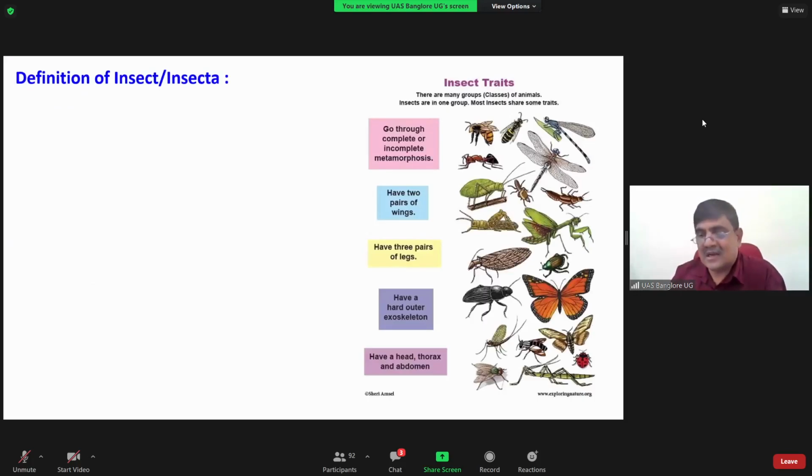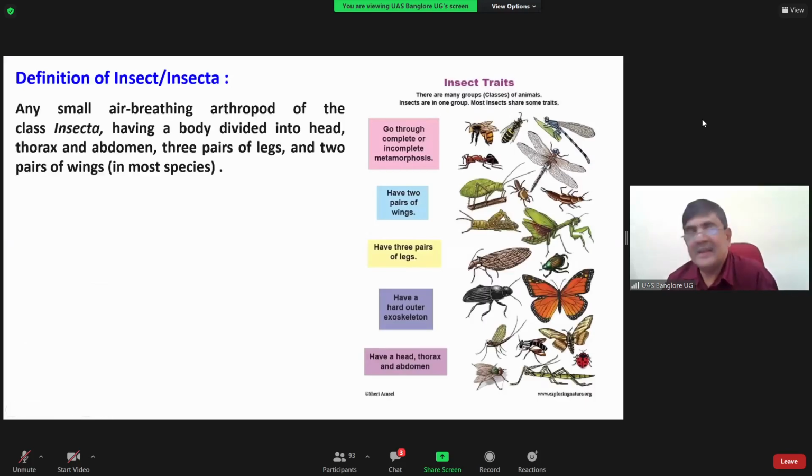Next, coming to the definition of insect or Insecta. So what are insects? Insects are any small air-breathing arthropods of class Insecta having the body divided into head, thorax and abdomen, with three pairs of legs and two pairs of wings in most of the species.